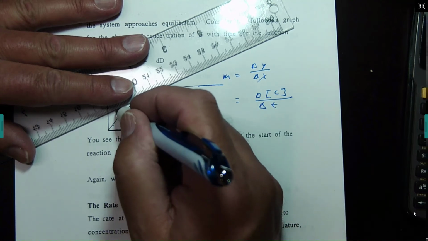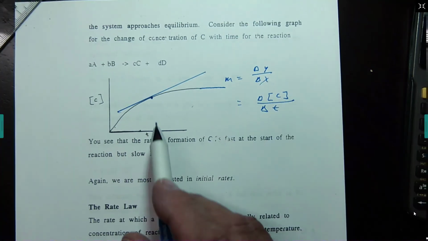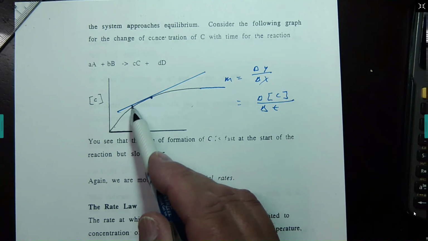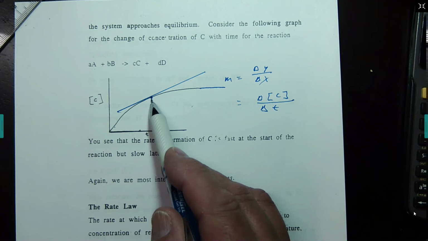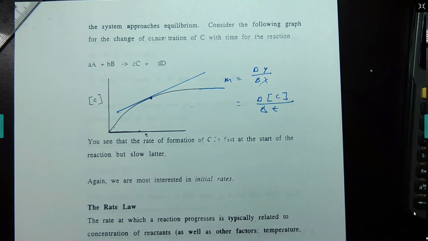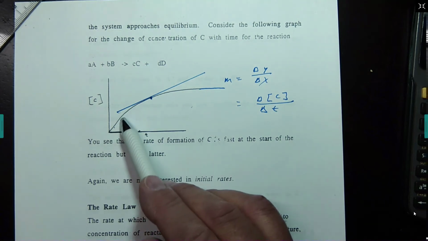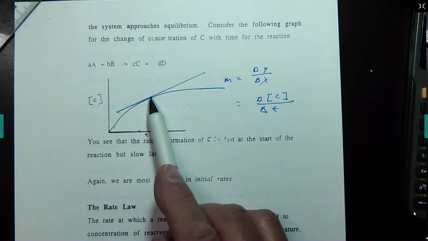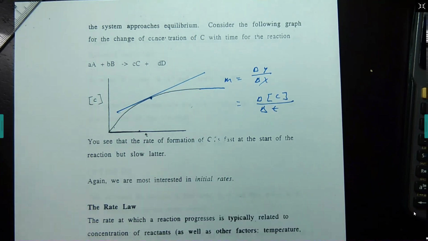Don't worry, this isn't going to be on a test, but if you drew a tangent line at that point, the slope of this line is the rate at this point in time. If you've had a little calculus, you realize that if you know a function that describes this curve, you can take the derivative, and that gives you the slope of the curve at a point. Anyway, don't lose sleep over that. You don't have to know any calculus for this stuff, but if you've had calculus, that's one of the applications of it.